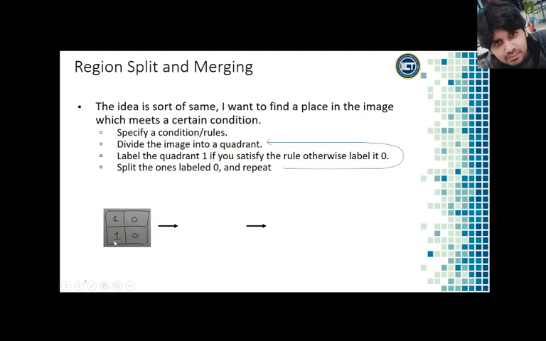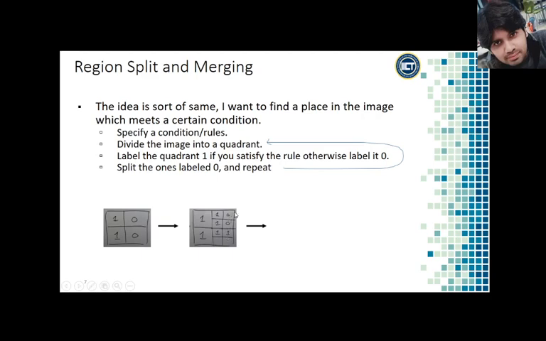So let's say that these two quadrants satisfy the condition and these two don't. So what we do is we split the ones labeled 0 and do it like this. These were already 1, we split these into another quad, and then we label which satisfy the condition and which do not, and similarly with the second quadrant.